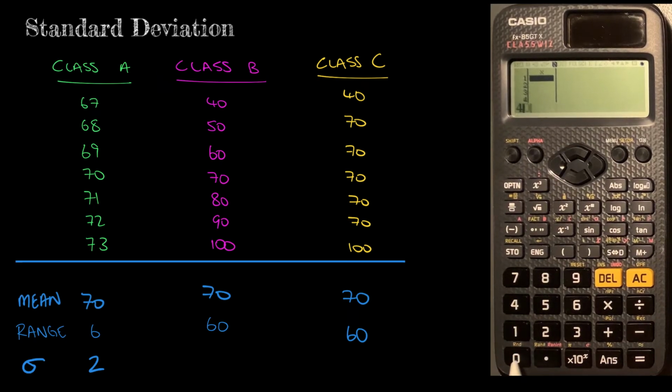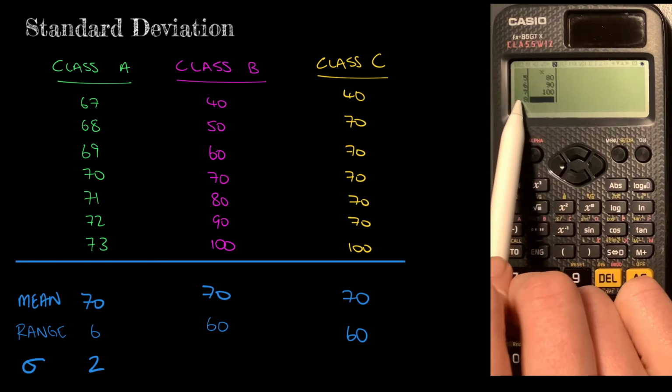So we'll have 40 equals, 50 equals, 60 equals, 70 equals, 80 equals, 90 equals, and 100. And that was all of the data that we had in the second class, 40 to 100. So we have our 7 pieces of data input.